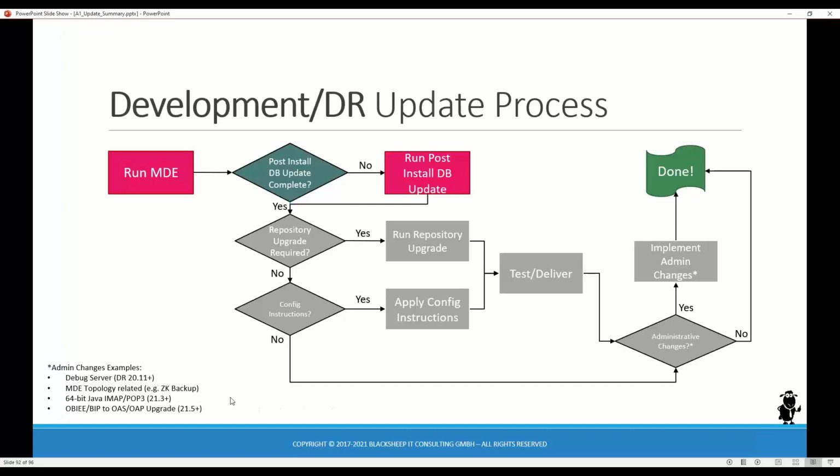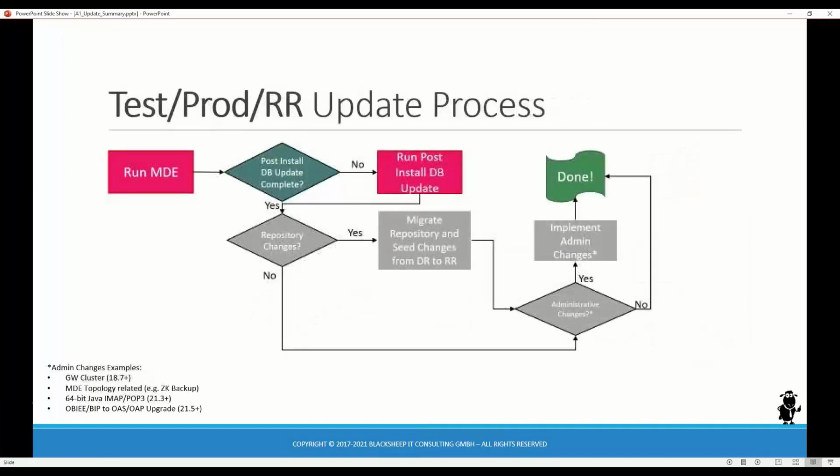You want to set up that debug server, there are changes to the topology, that 64-bit Java requirement for IMAP, or you're even upgrading your OBIE to OAS. Well, that's another story. So there might be a lot of administrative or configuration overhead.